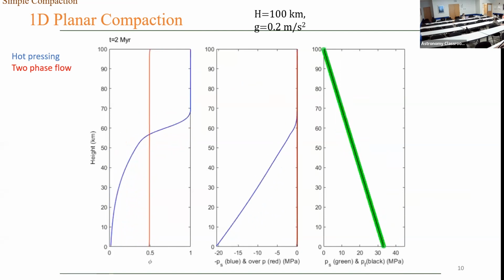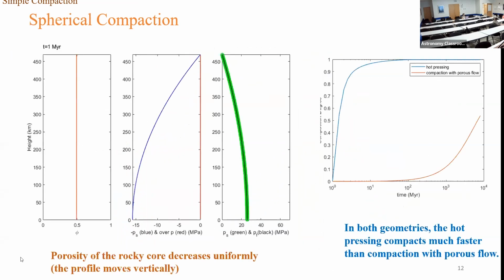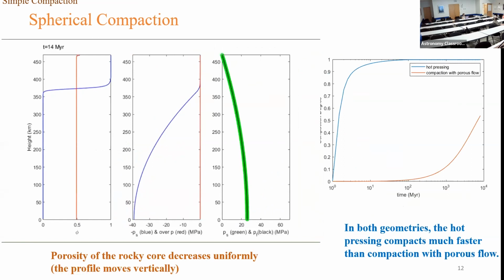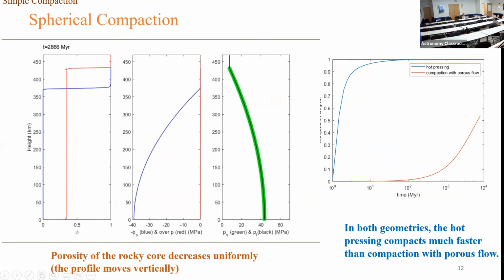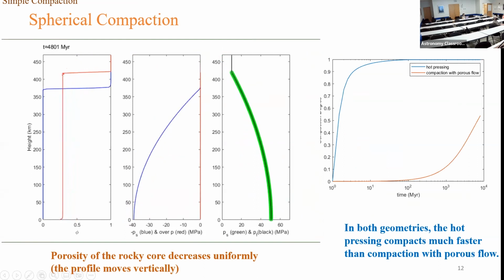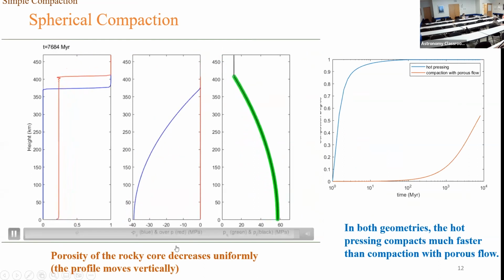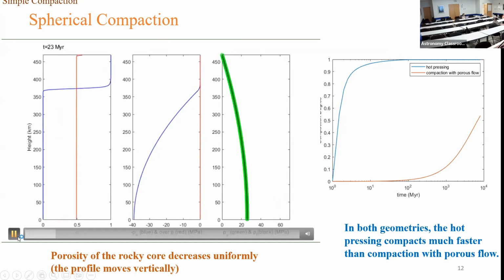This is just stopped. Temperature is not equal, and this is for spherical, similar, but a little different. You can see that there is a huge time or speed difference between the 1 phase case and the 2 phase case. Here is the uniform decrease of porosity I'm talking about.